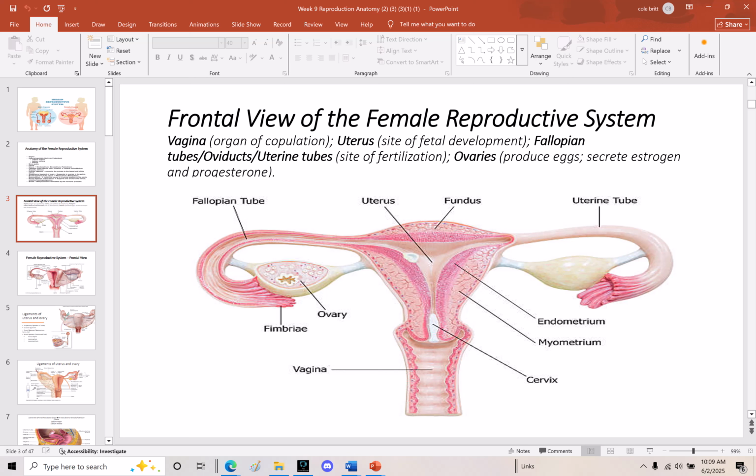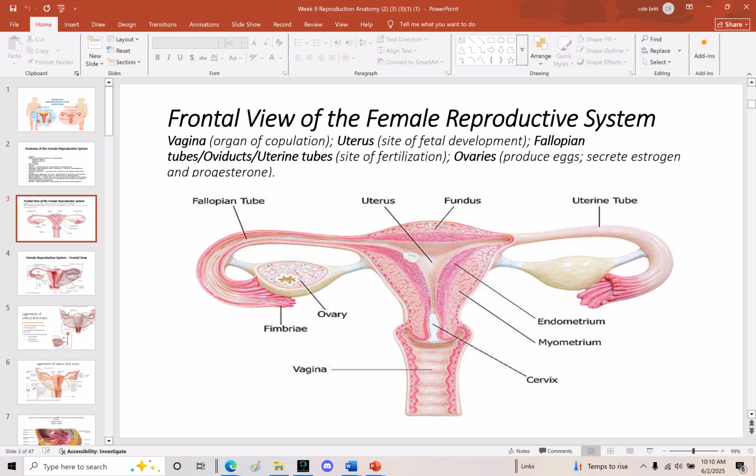Now, the uterus has three layers. It has a perimetrium, a myometrium, which is the muscular layer, and then lastly, the endometrium. The endometrium is what you ladies slough off every 28 days.